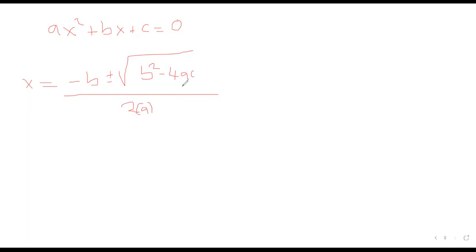So to start with, you need to learn how to identify the coefficients a, b, and c. Suppose I gave you these 3 equations here. Equation A is 2x squared plus 4x minus 6 is equal to 0.